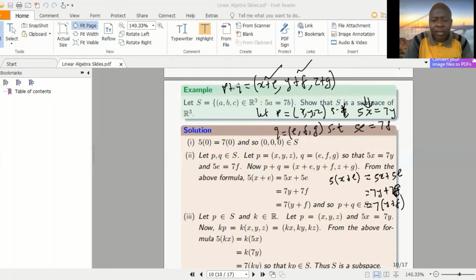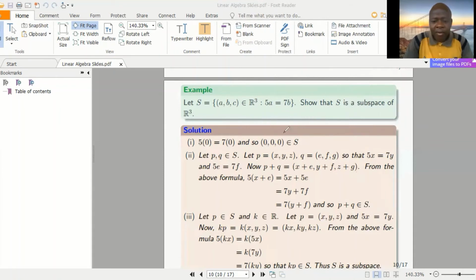I wanted to show that P plus Q satisfies the condition given here and therefore is in S. And you can follow this working. I've explained how the working ran through.